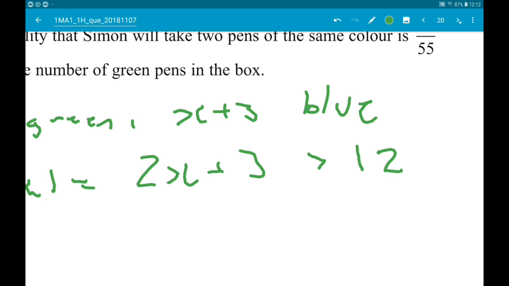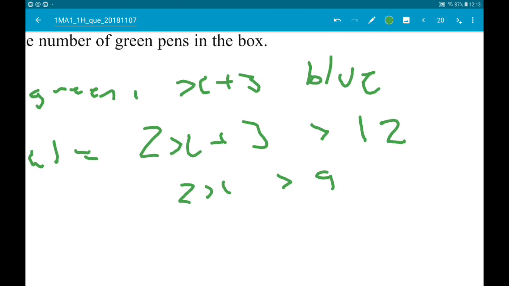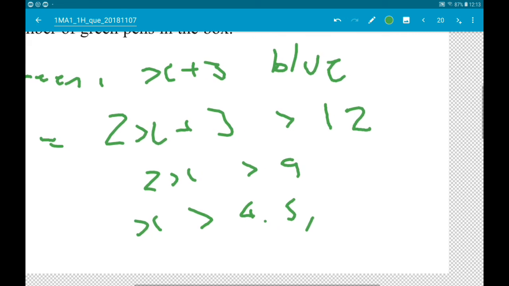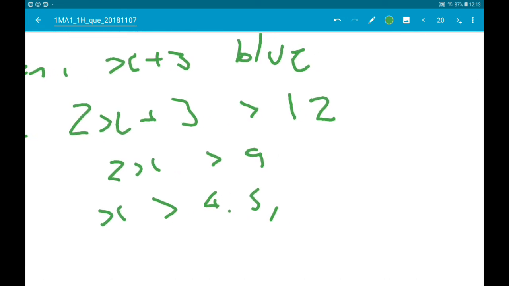So if we take away the 3, 2x has to be greater than 9. So x then is greater than 4.5. So the number of green pens in the box has to be greater than or equal to 5.